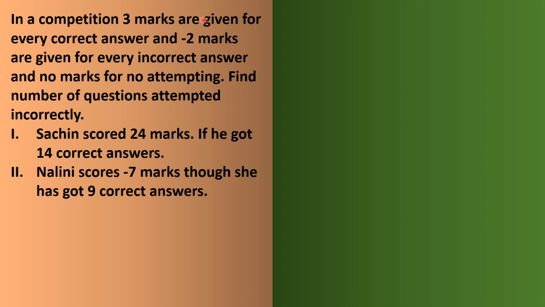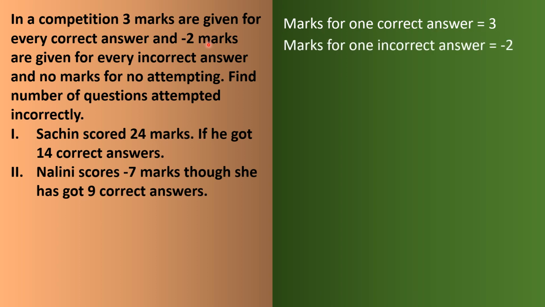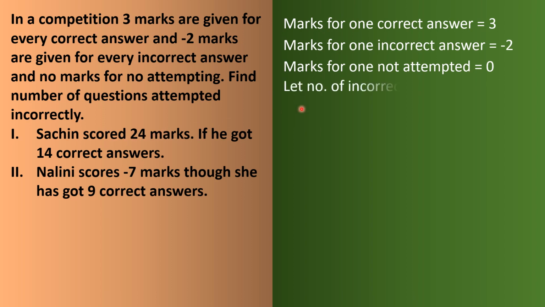So what is given to you? In a competition, 3 marks are given for every correct answer. It means marks for one correct answer equals 3, marks for one incorrect answer equals minus 2, and marks for one not attempted question equals 0. Now, at first let us assume that the number of incorrectly attempted questions equals a.